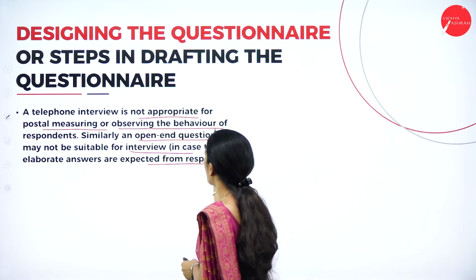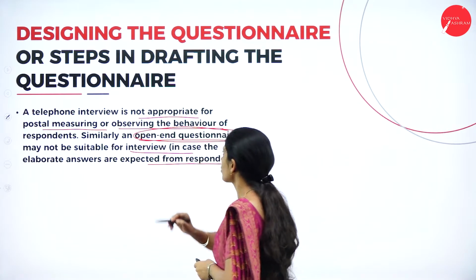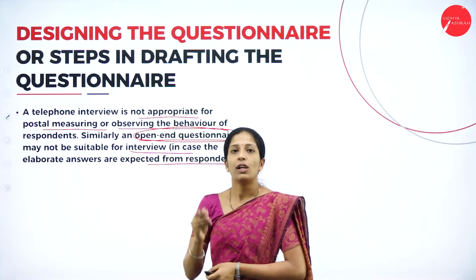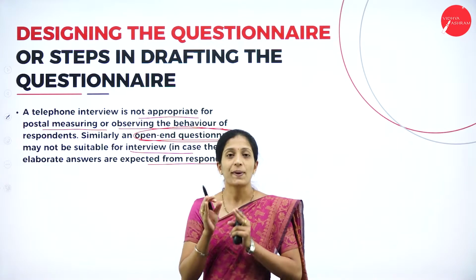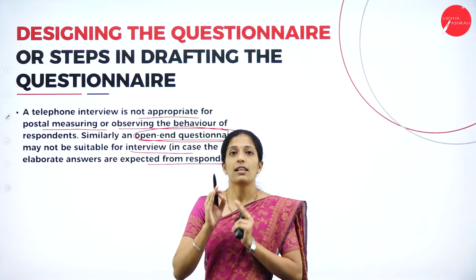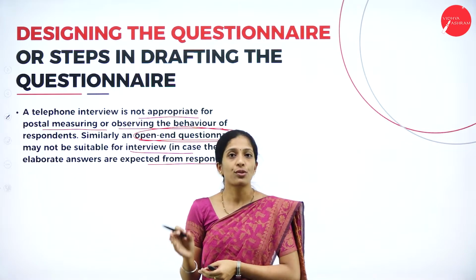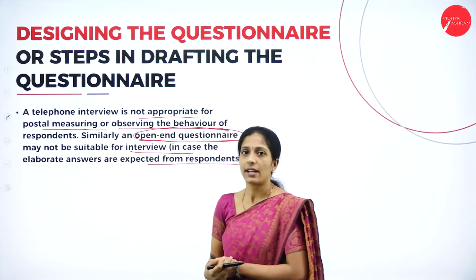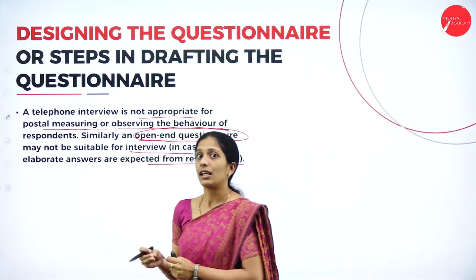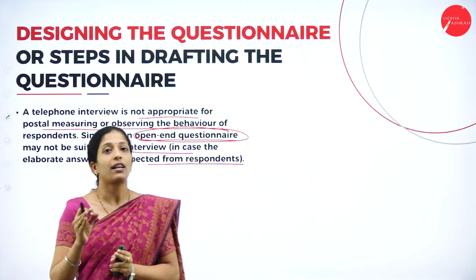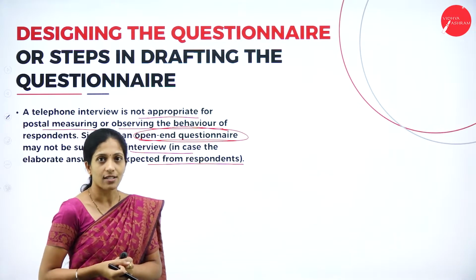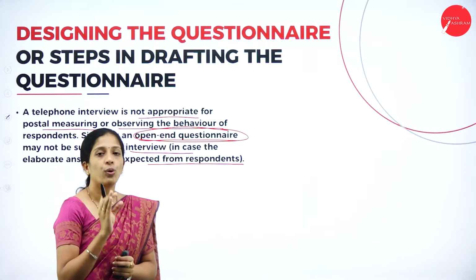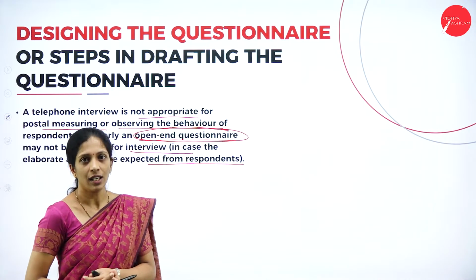Now, what do you mean by open-ended questions? Here the researcher will not have specific options. The researcher will let the respondents explain as they wish. That is known as open-ended questions. In the sense, the respondent has the wish and will to elaborate their answers. It is not limited to only the options given by the researcher.